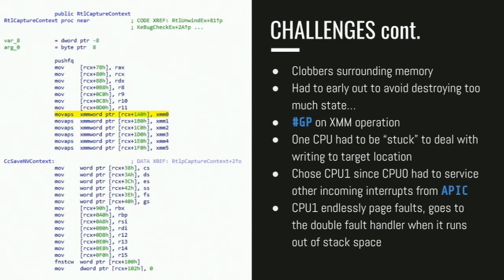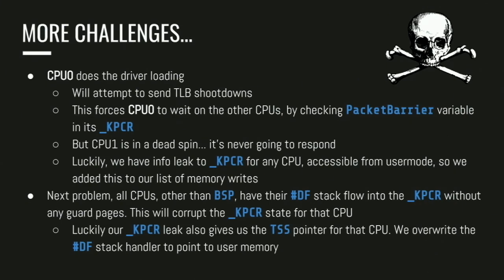So what we have here is a write-what-where vulnerability that keeps writing the same memory over and over repetitively. And since we have access to other CPUs, we can change the memory that it keeps writing to. The goal here was to load a driver, obviously an unsigned driver. Without getting into deep technical detail, you can ask us later at the Q&A. CPU 0 has to do the driver loading.